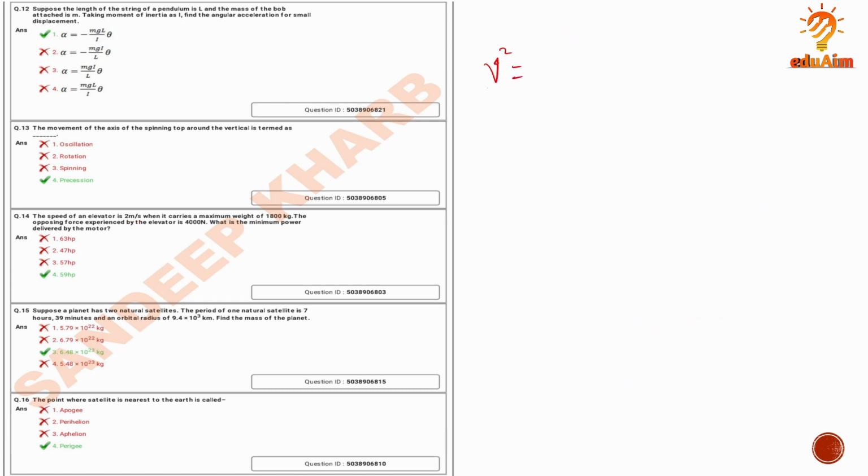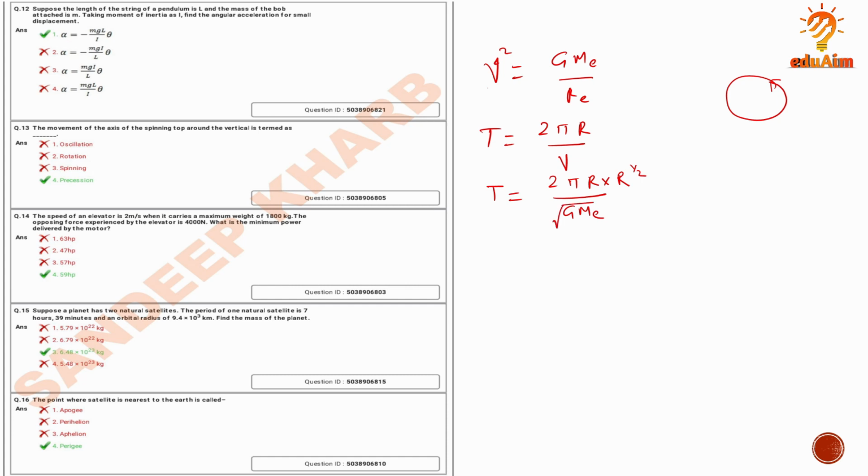We know V square is equal to GME by RE. A satellite is revolving in a circular orbit. Then time period is 2 pi r by V. Substituting here, we have T is equal to 2 pi r divided by, we have to substitute for the V, we will get GME by r, to the power 1 by 2, the square root of this.